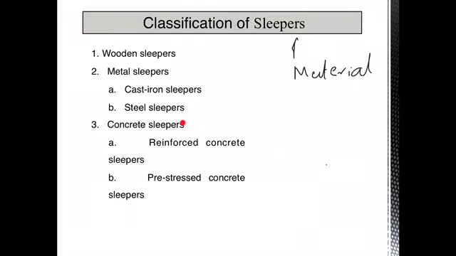If the sleepers are made up of concrete, we call it a concrete sleeper. Concrete sleepers can be reinforced concrete sleepers or pre-stressed concrete sleepers. We'll look one by one at the advantages and disadvantages of using the various types of sleepers.